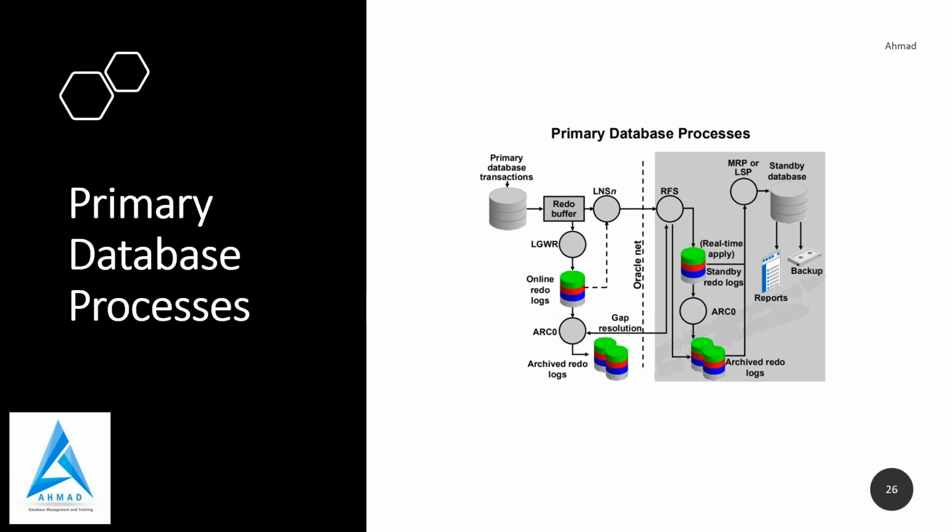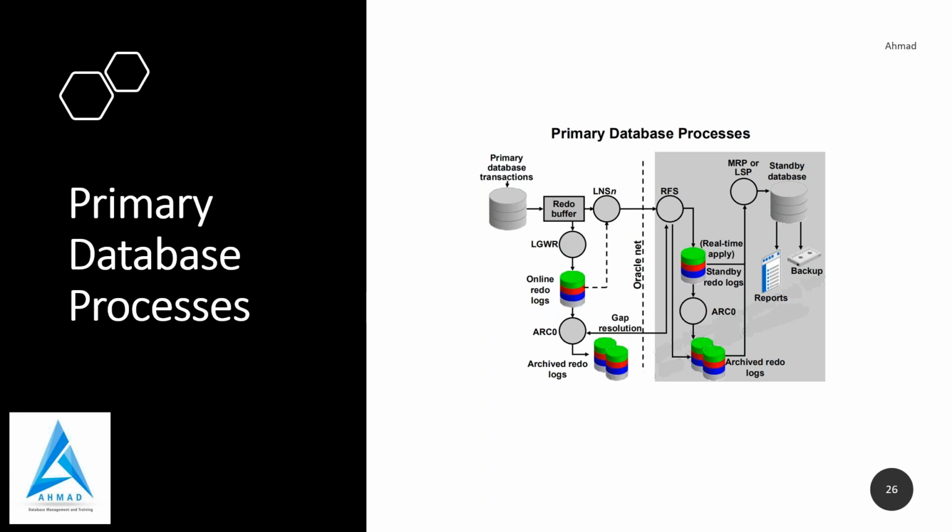That is the name of LNS, and it ships the redo directly to the remote file server, that is RFS. RFS, the remote file server, resides on the standby site. And then LGWR waits for confirmation from the LNS process before acknowledging the commit.